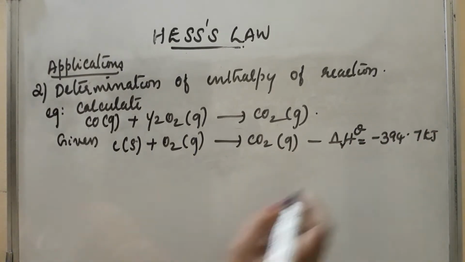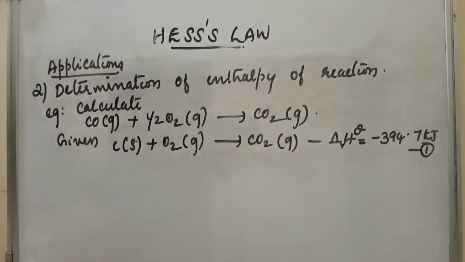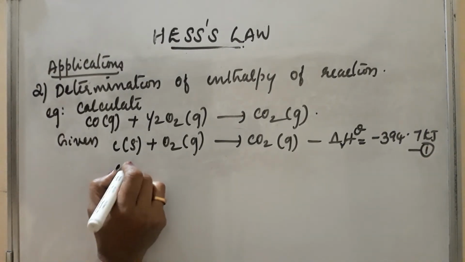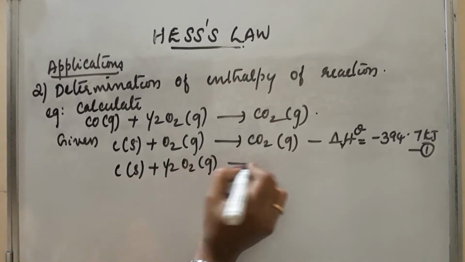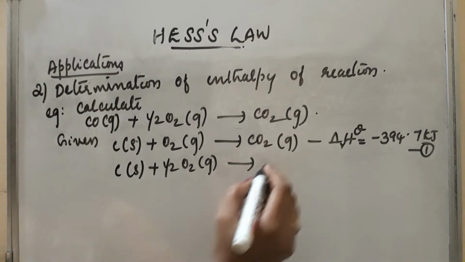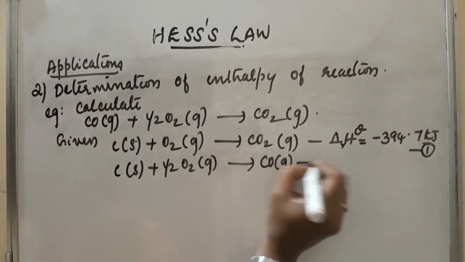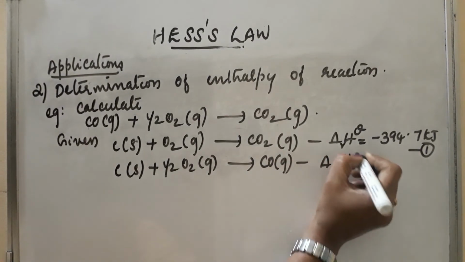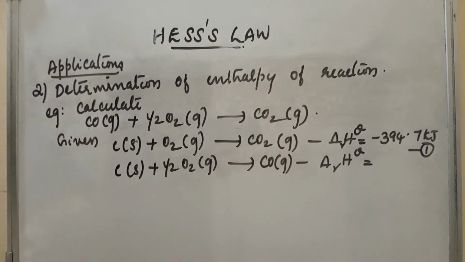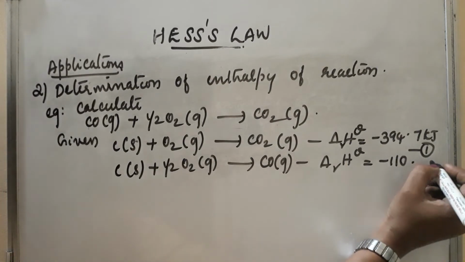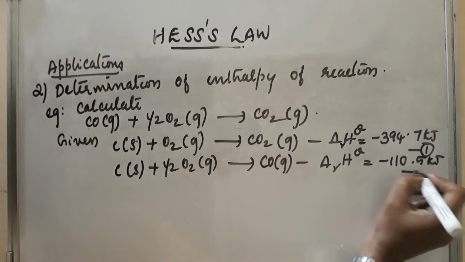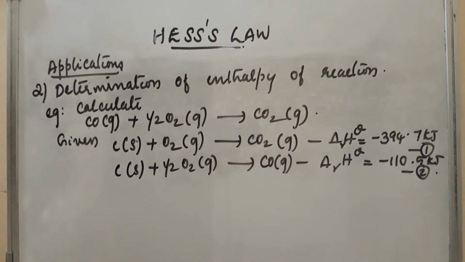Also given: carbon plus half O2 gives carbon monoxide gas. Here delta H is minus 110.5 kilojoule. This is the second equation. Now we have to calculate the enthalpy of reaction using Hess's law.